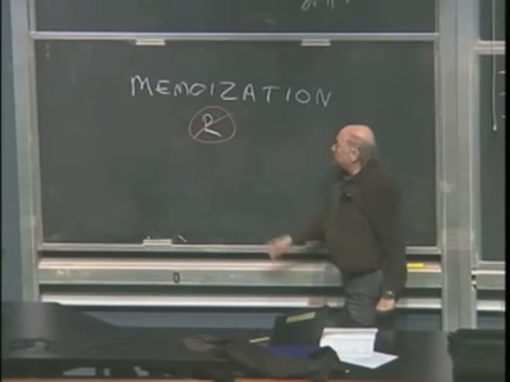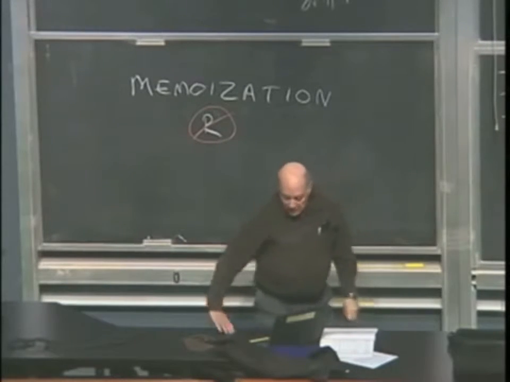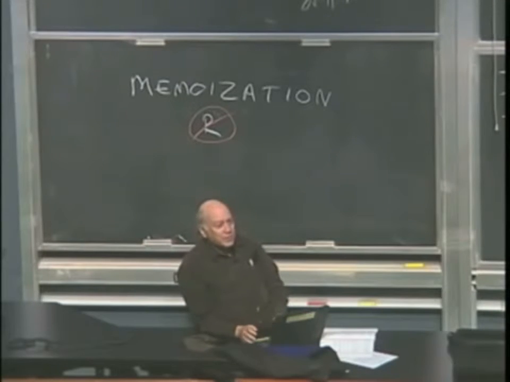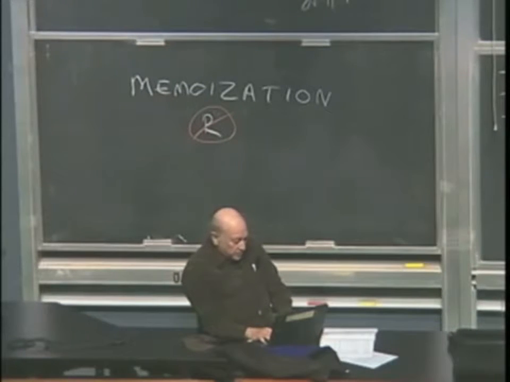Doesn't have an R in it. It's just memoization. Although it's related to memorization, because what we do is every time we compute a value for this function, we remember it. And here's how that works.